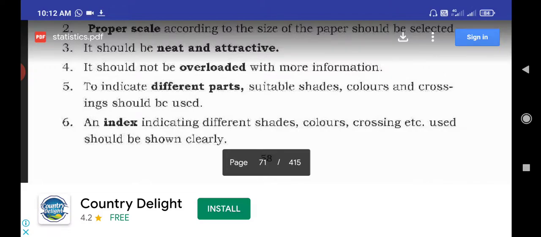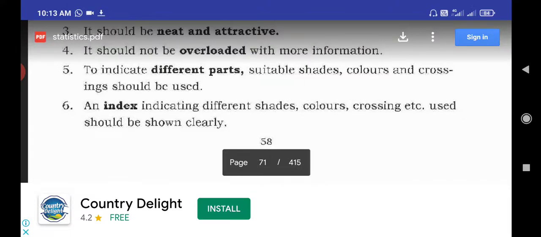Next one is an index indicating the different shades, colors, crossings, etc. used should be shown clearly. After applying shades, colors and crossings, below the graph or below the table, we have to apply the indexes.